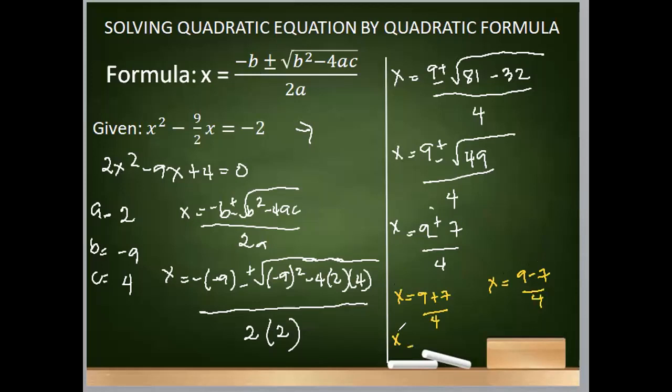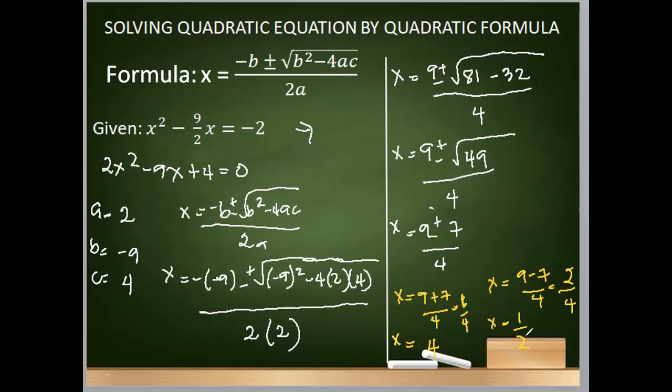So, x is equal to 9 plus 7 is 16 divided by 4, that is 4. And x is equal to 9 minus 7 is 2 divided by 4 is 1 half. Okay, or 1 half.